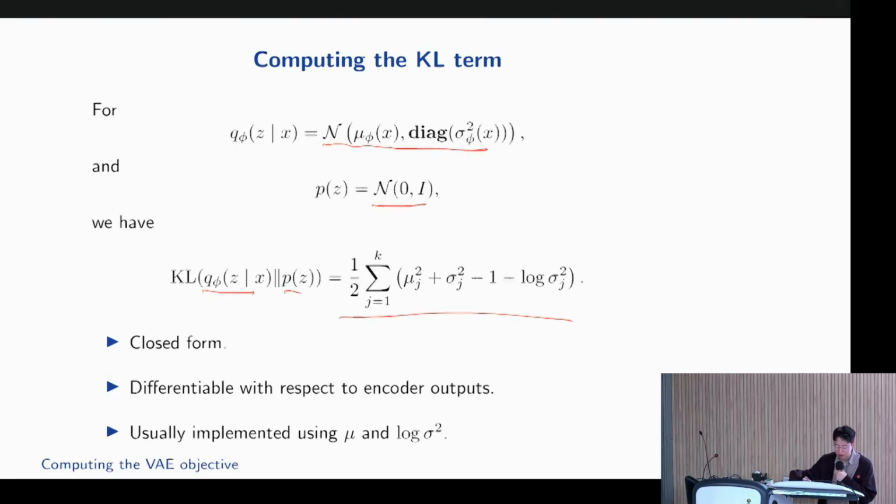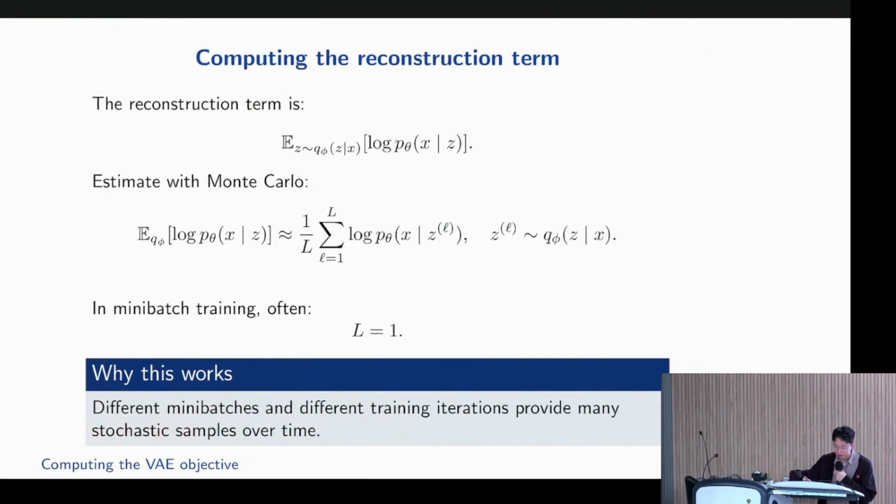And that's easy. Another thing is the reconstruction term involves the expectation of the random variable z under the Q distribution. So how are we going to go about computing this expectation? We're just going to sample according to the Q distribution, approximating the expectation with sampling.